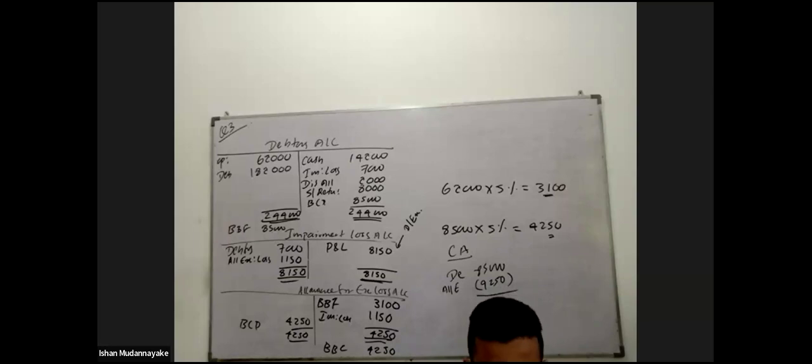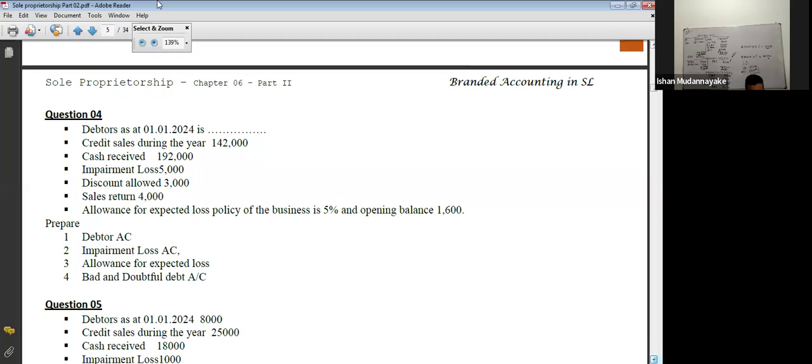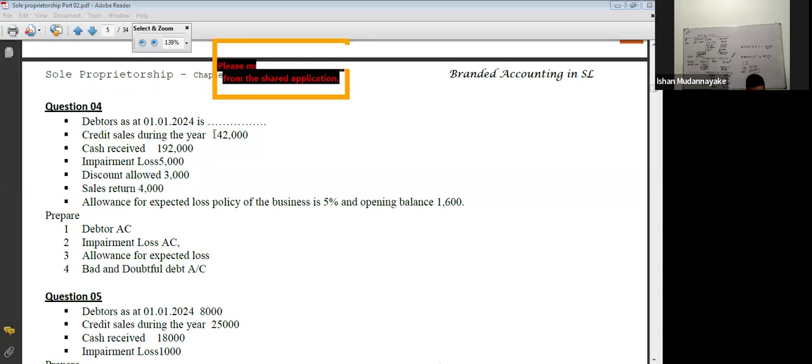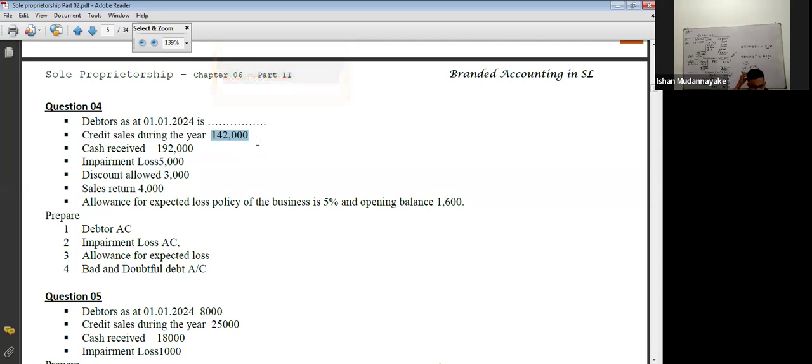Right. Now look at the fourth question. In this fourth question, the 142,000, write it as 200,000.